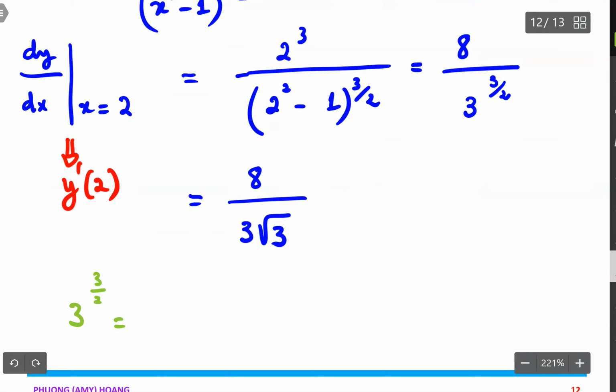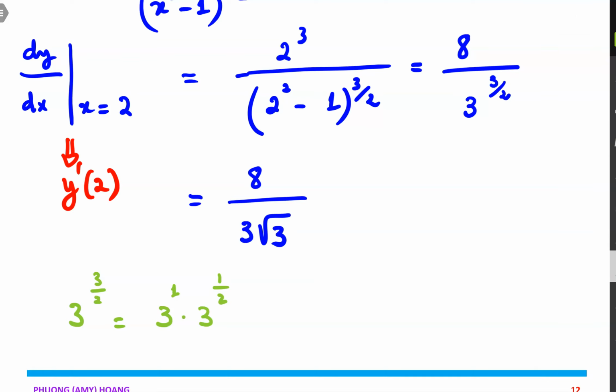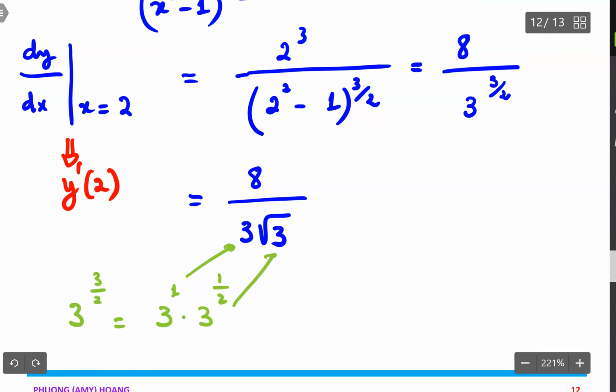So this will be 3 times 3 to the exponent half. Everyone agree? Because 3 raised to 1 plus a half will give you 3 over 2. So from here, I write this 3. From there, I write it as the square root of 3.